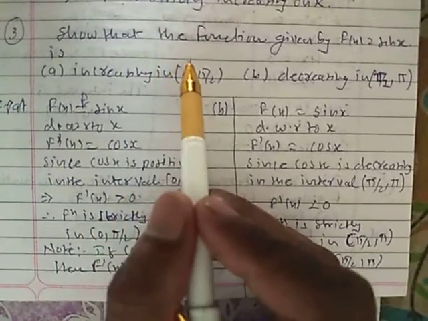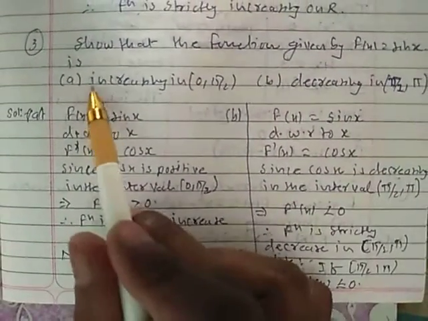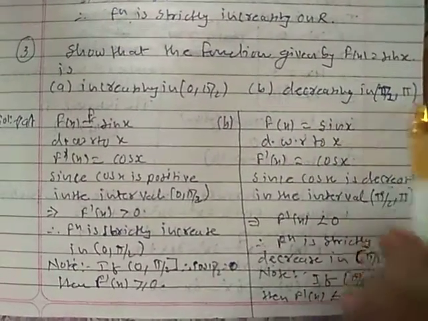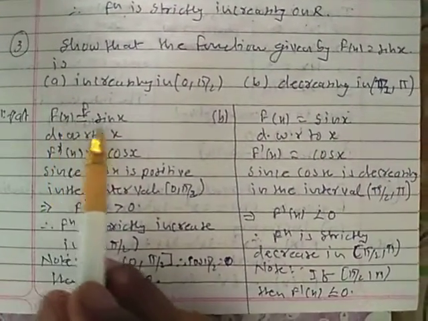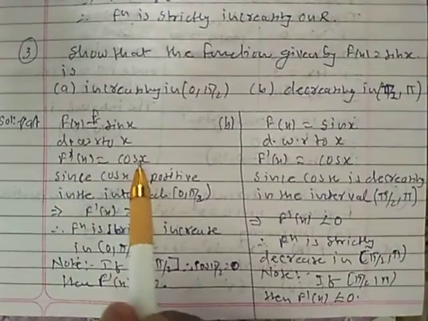Show that the given function f(x) = sin x is increasing in the interval 0 to pi by 2 and decreasing in pi by 2 to pi. So f(x) = sin x. The derivative with respect to x, f'(x), is equal to cos x.